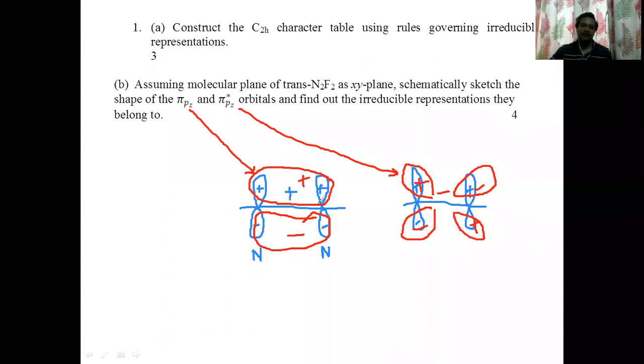So that is the first case, the shape of this. Of course this is in 2 dimensions, but that is the kind of shape we are expecting. Now the last part was to find out the irreducible representations, what they belong to. You have to do the operations for the N2F2 molecular point group, so that is C2h.